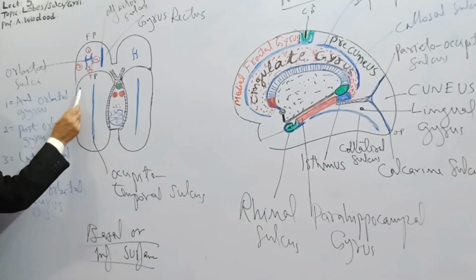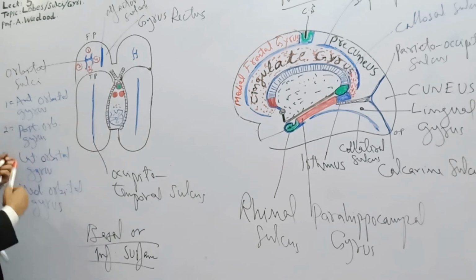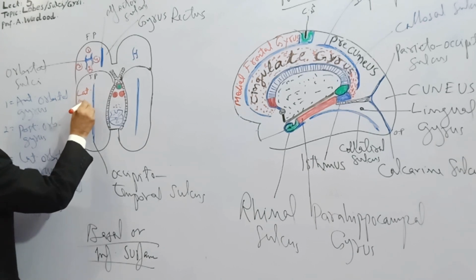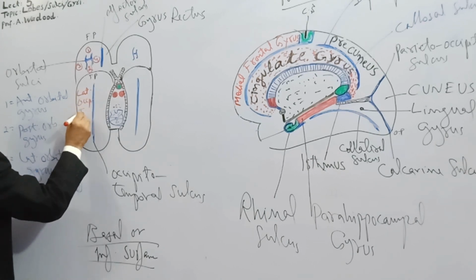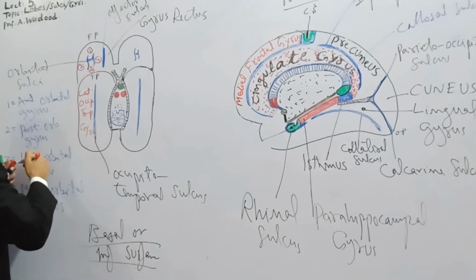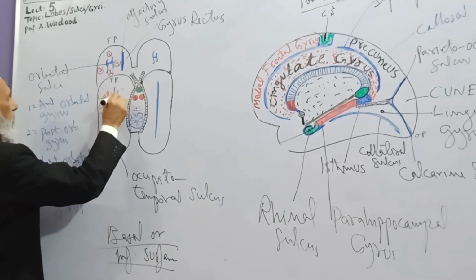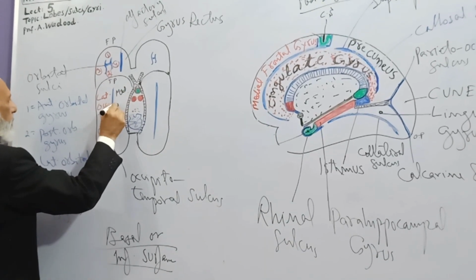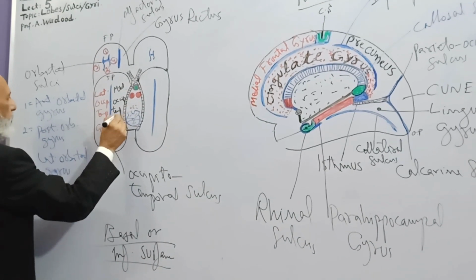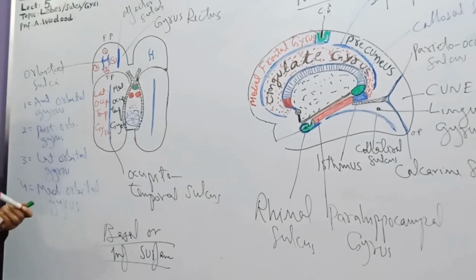One is lateral to the occipitotemporal sulcus, the other is medial. So this is the lateral occipitotemporal gyrus, and this is the medial occipitotemporal gyrus. Same is on this side.